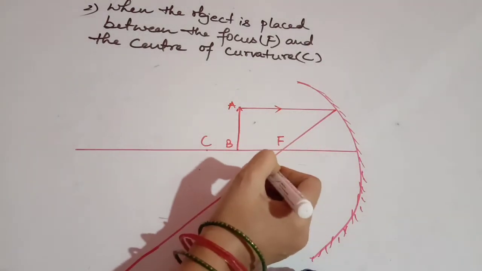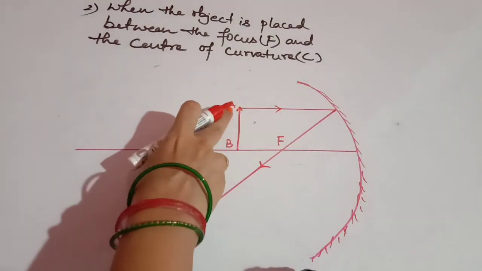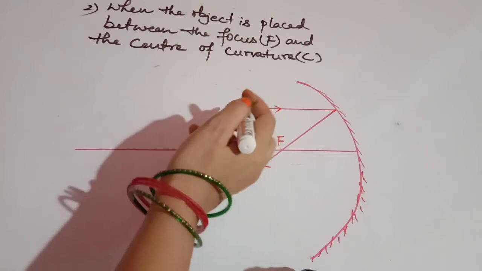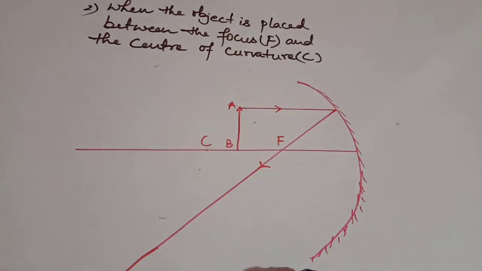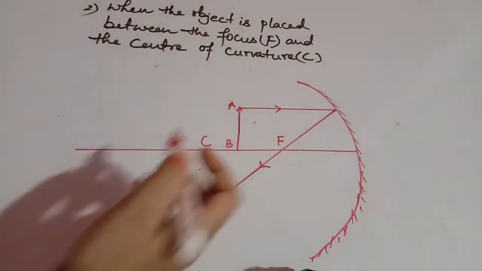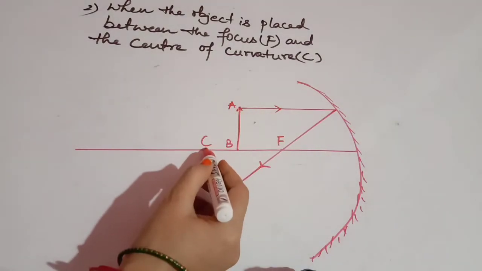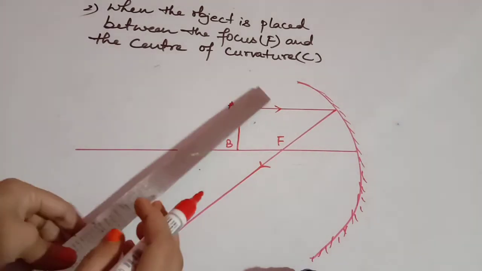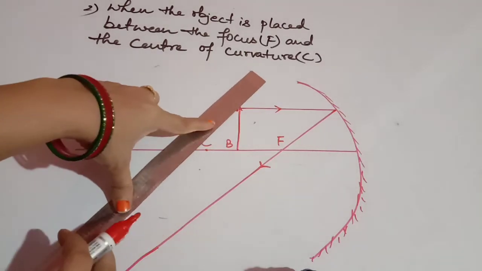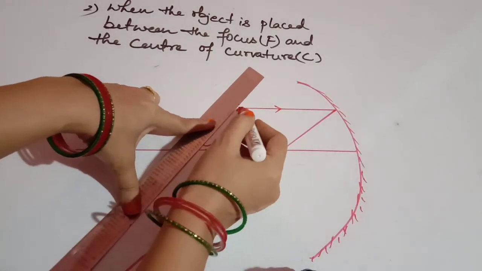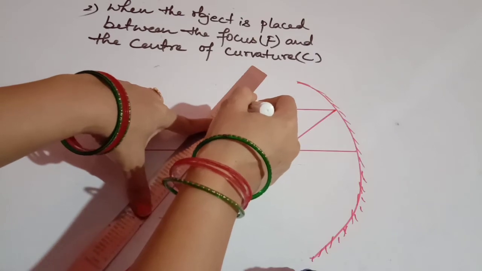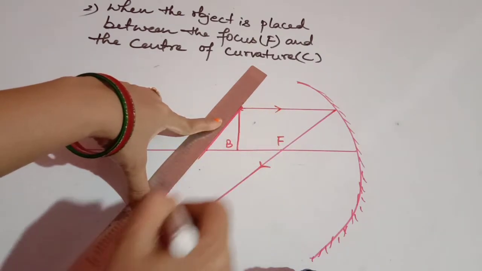Now the second one, from where can we use the second ray of light? See, from this point, for the second ray we are using rule number 2, that the ray of light passes through the center of curvature. So we will make a line from this point that passes through the center of curvature.